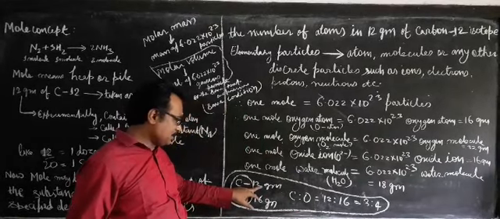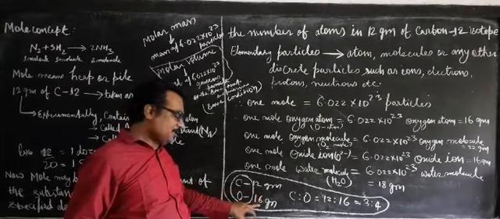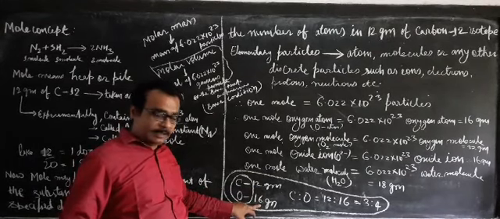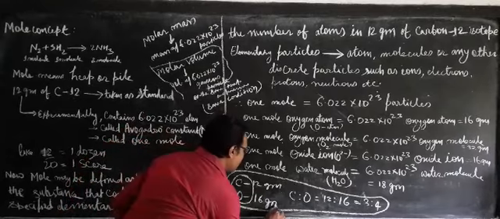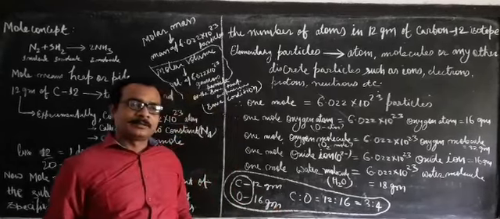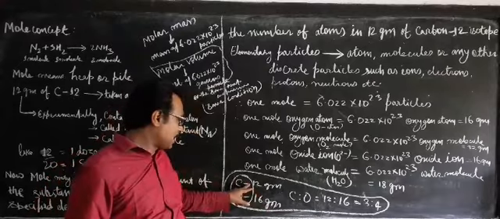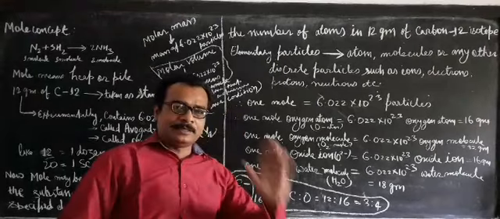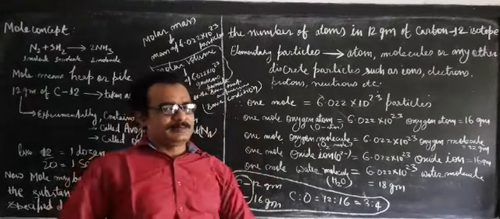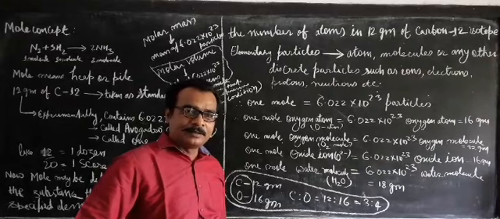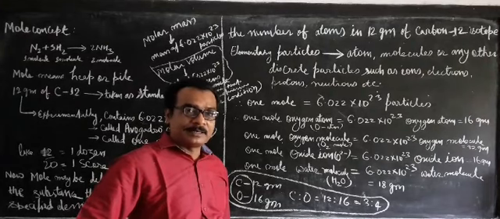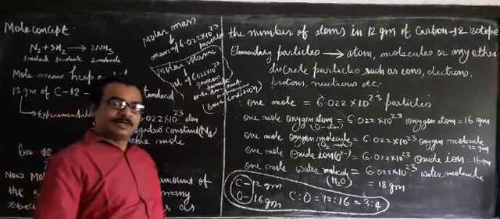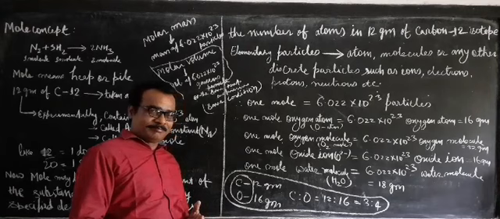Now take 36 gram of carbon and 3 times 16, 48 gram of oxygen, and then count the number of particles in both. What will you find? The number of particles would be the same, because the number of particles will be 3 times now.